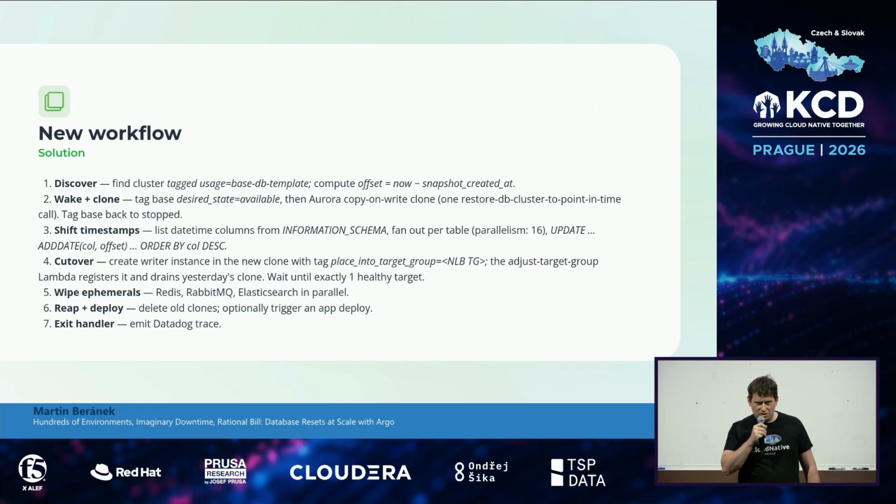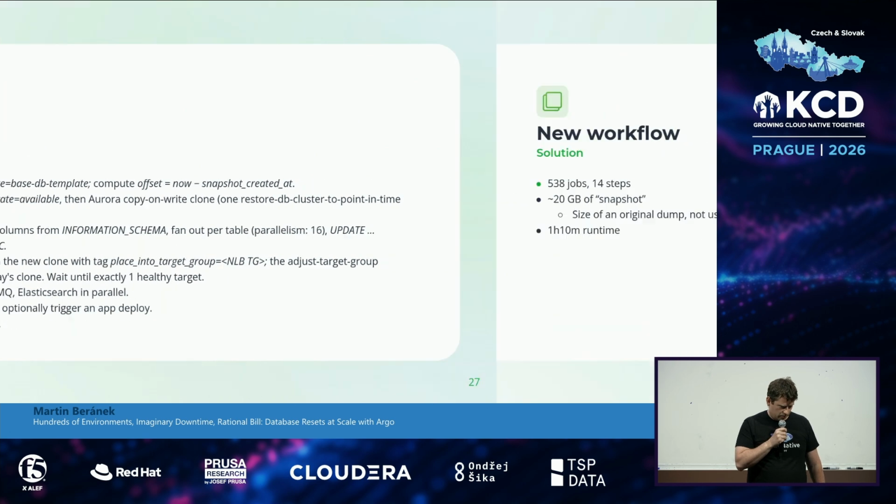We need to shift the timestamps, which in the end proved to be the hardest problem out of them all. We then need to cut over from the old demo to the new demo, wipe the ephemerals, those are Redis, Rabbits, all of the related services, and then just some redeploys and an exit handler emitting some traces.